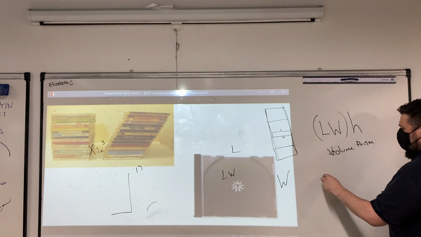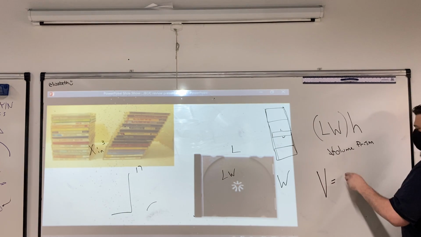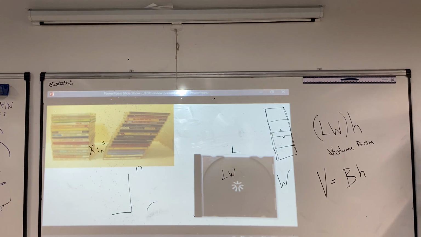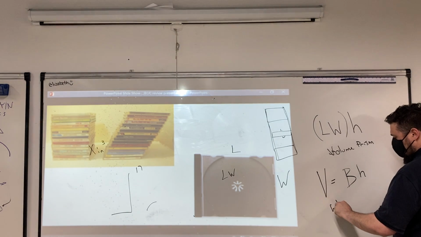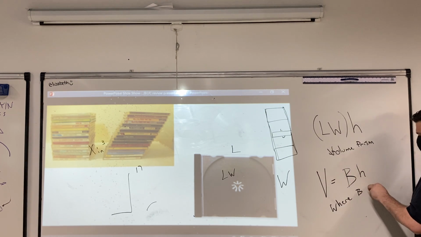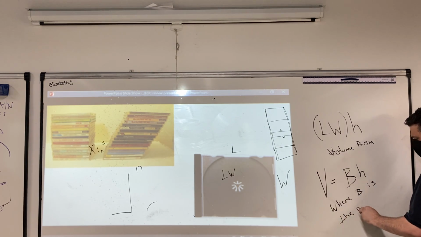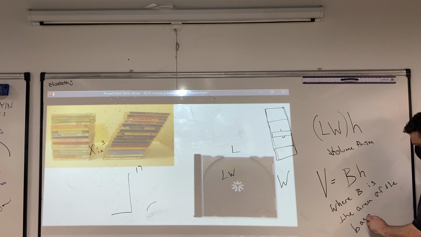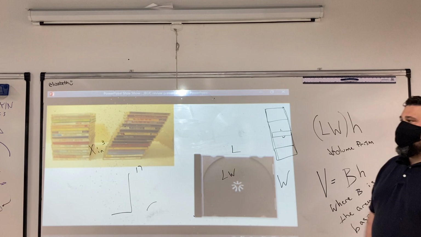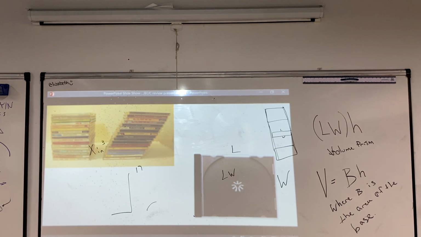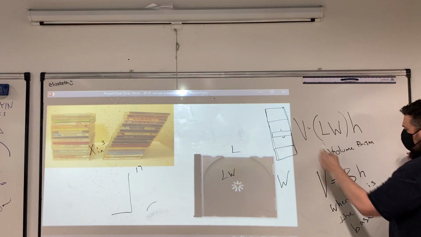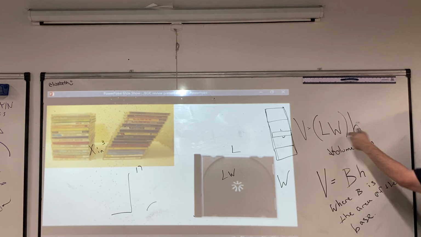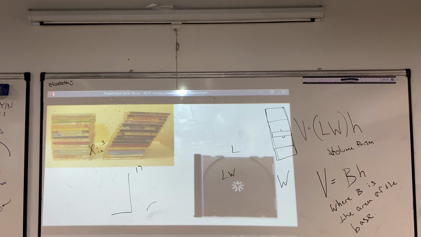Now, for a prism, any volume can be found by taking big B times H, where big B is the area of the base. On this one, I can see that the cross section is a quadrilateral. Quadrilaterals have area length times width. So here you can see that the formula for the area was substituted for B, and then I can multiply it, and that will tell me the volume.